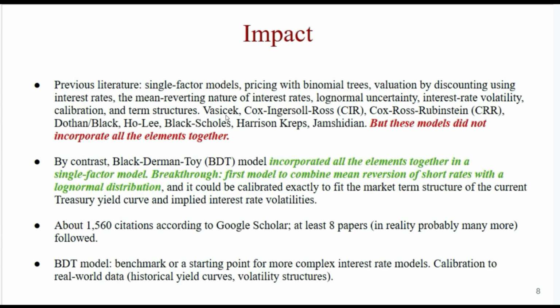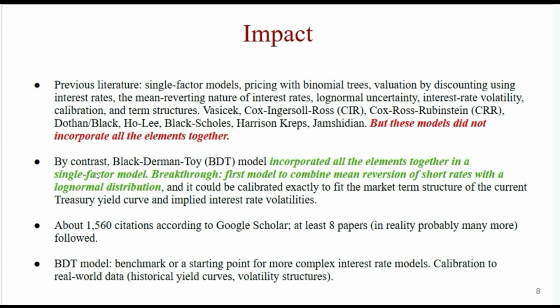Authors of this prior research include Vasicek, Cox-Ingersoll-Ross or CIR, Cox-Ross-Rubinstein or CRR, Dothan-Black, Holy, Black-Scholes, Harrison-Krebs, and Jamshidian. But these models did not incorporate all these elements together.